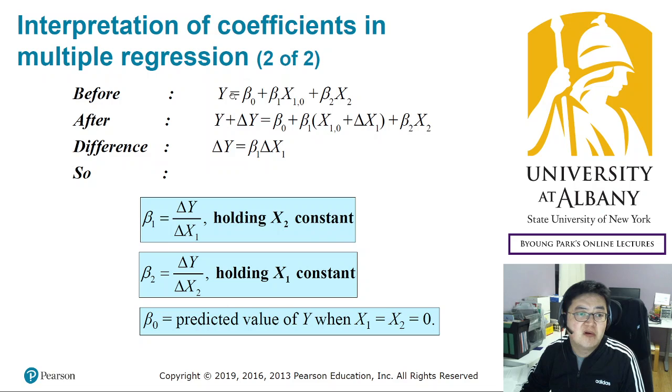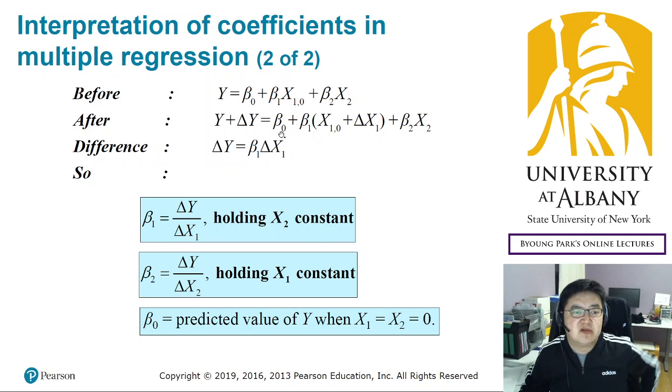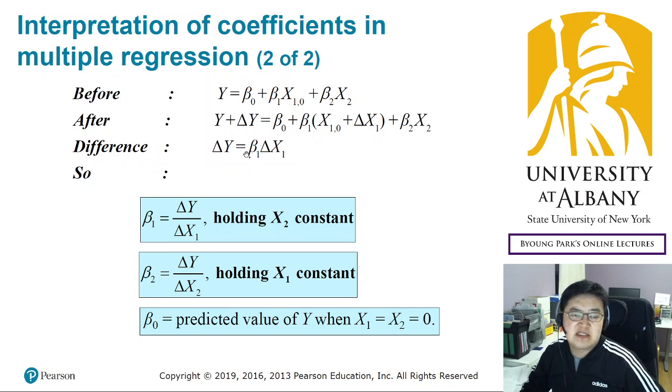So before, you have this expectation, and after the change, you have this. By subtracting the before equation from the after equation, you get delta y equals beta 1 delta x1. So it's simple. Now it's easy to define what beta 1 is.